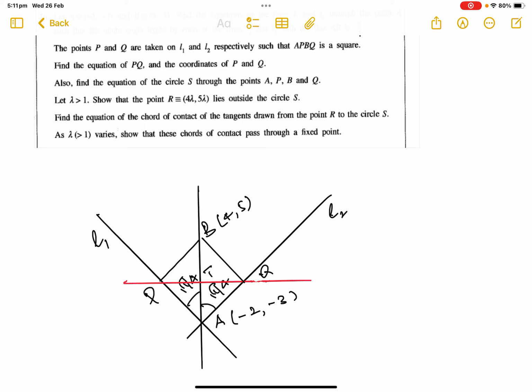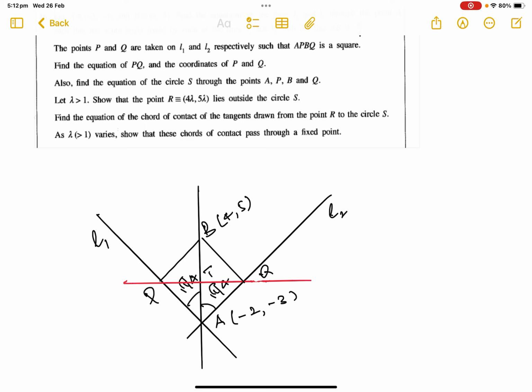So PQ and AB cut at T. And because APBQ is a square, of course AP and PQ are perpendicular to each other, and TB equals TA equals TP equals TQ. Well, we will come to that later.